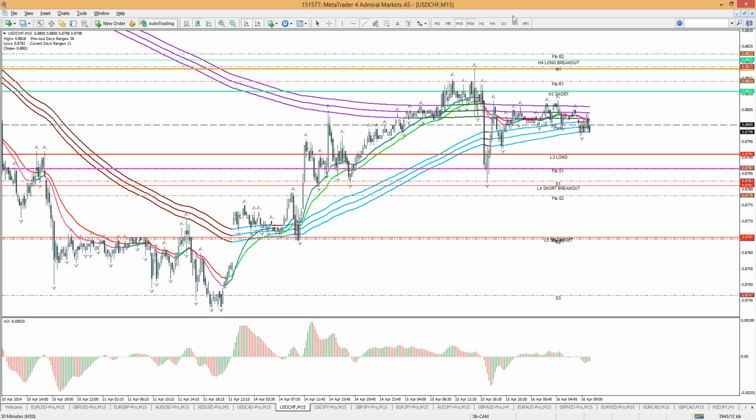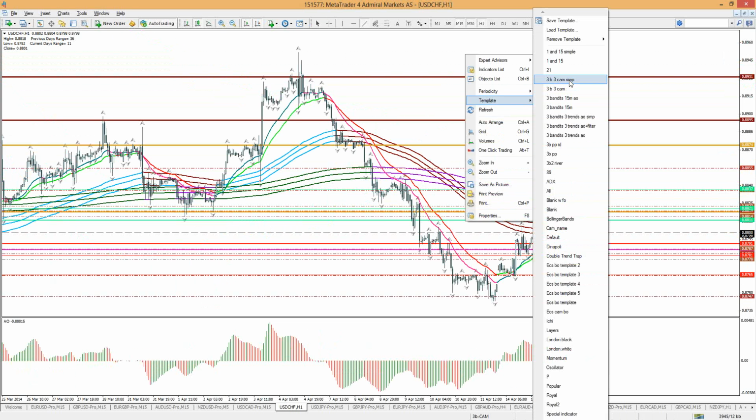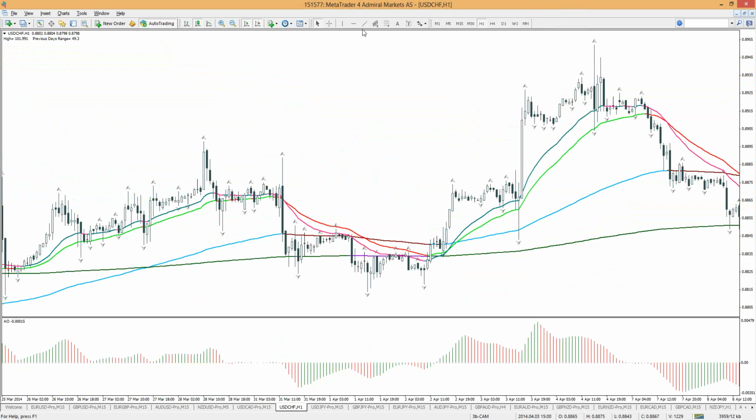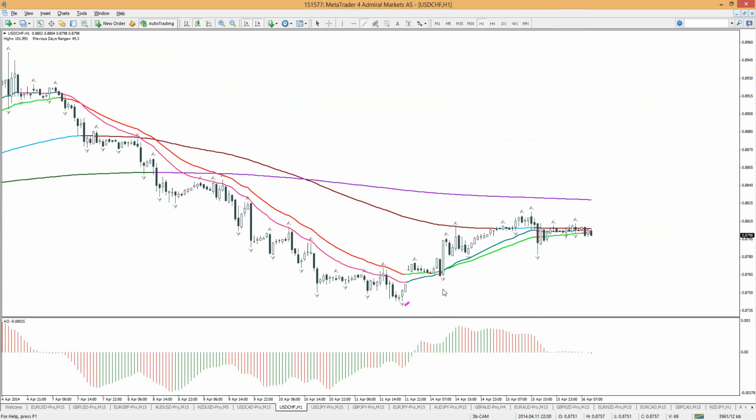Wait, let me put a different template here. Like this. Very funny rising wedge, but it is one. Broke it. Now I just got the Asian consolidation. This seems set for some good follow through, I would say.